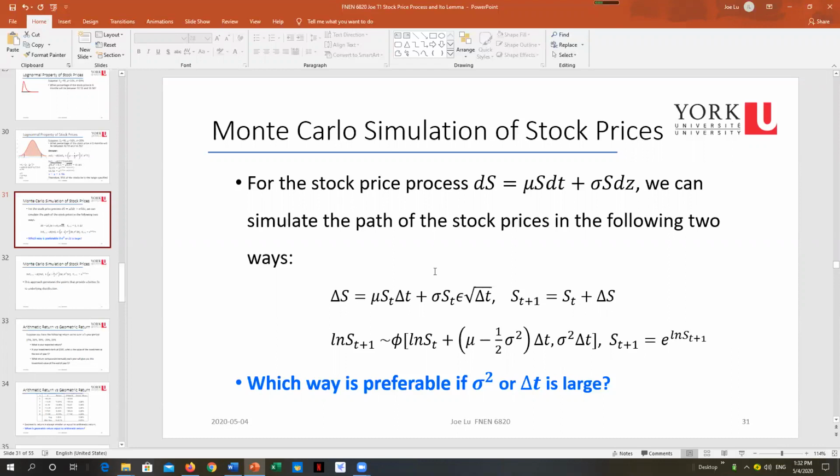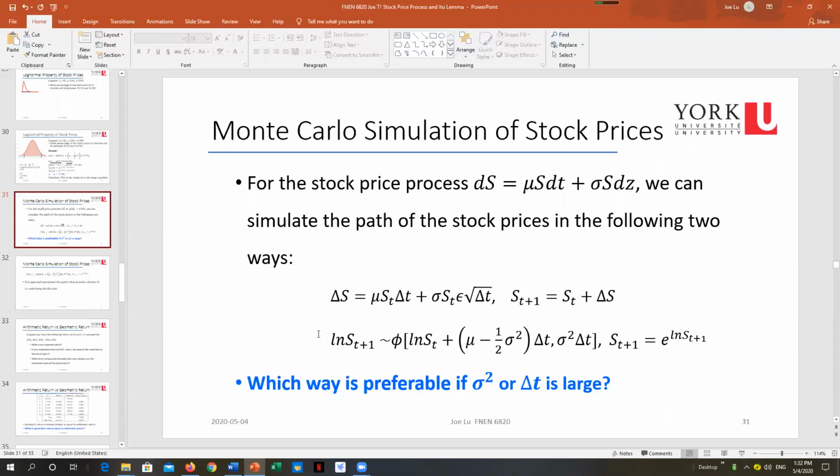The other way to simulate the stock price is to say that I have this particular stochastic process, and I know the log of the price S follows a normal distribution.